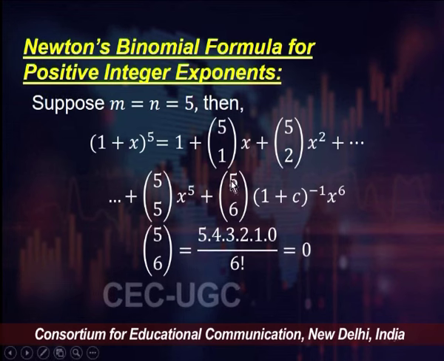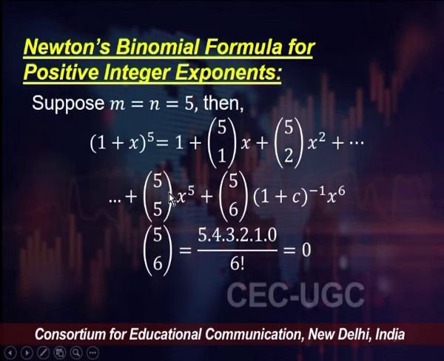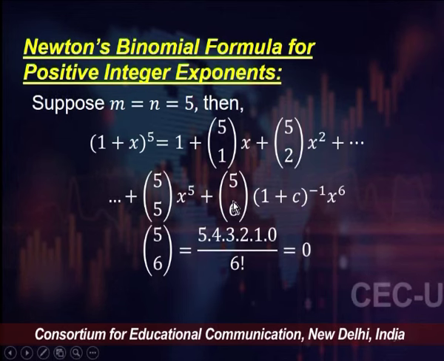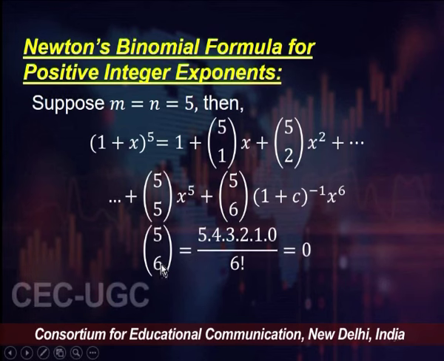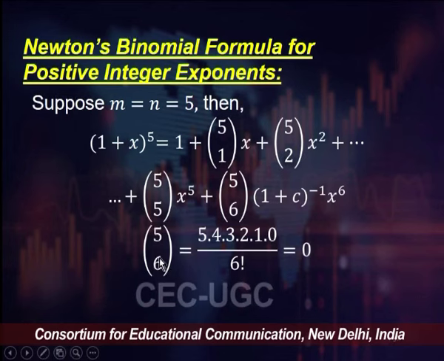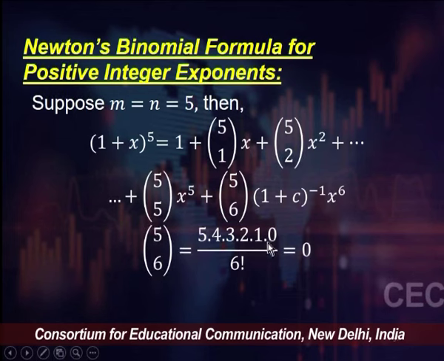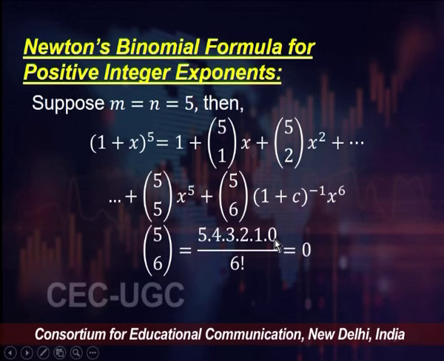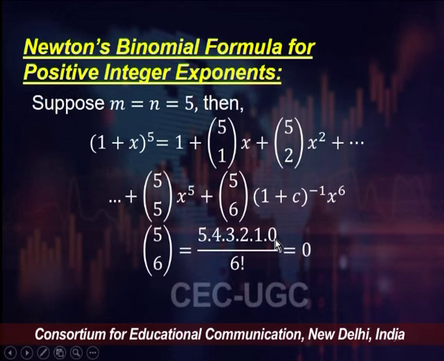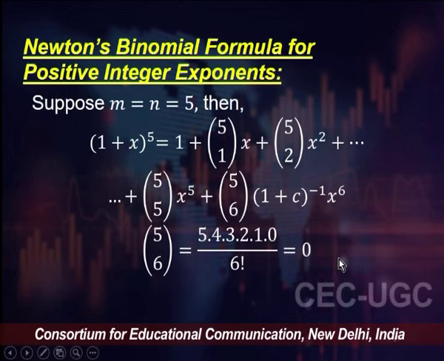So 5c1 you will calculate, 5c2 you will calculate up till 5c5. Now if you look at this 5c6, there is something interesting going on, because you are going to take 6 factors now in the numerator, because you are taking k factors, right? You are going down 5 steps. So 5, 4, 3, 2, 1, 0. So once you come down to 0, the whole thing becomes 0.